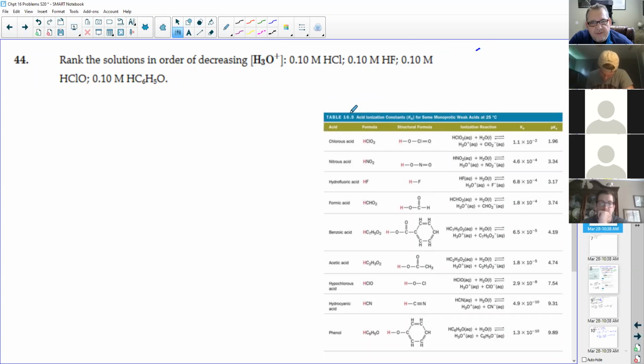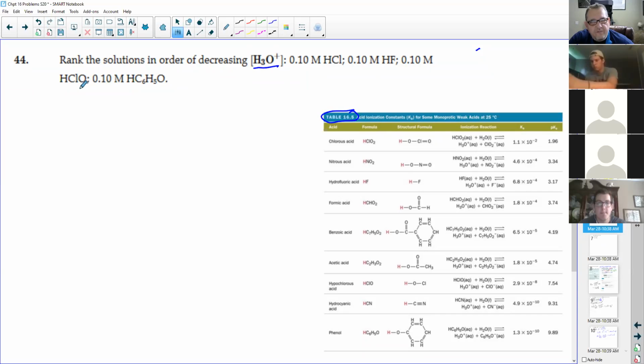So I copied this table 16.5 out of the notes and out of the textbook that lists these acids in order based on their pKa values. It says to rank in order of decreasing H3O plus, or hydronium ion, concentration, and you've got 0.1 molar of all these different species.